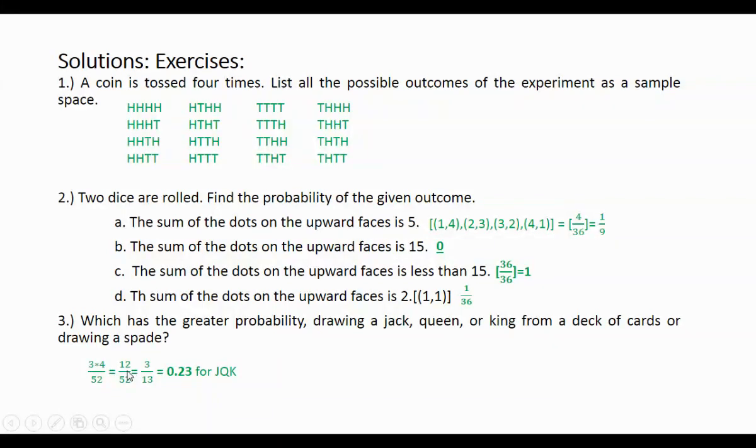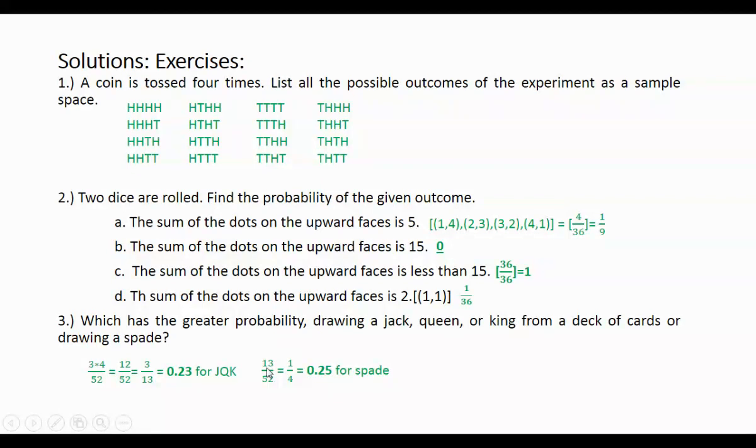And in a deck of cards we have 52, so 12 over 52, which simplifies to 3 over 13. So the probability of drawing a jack, queen, or king is 0.23.